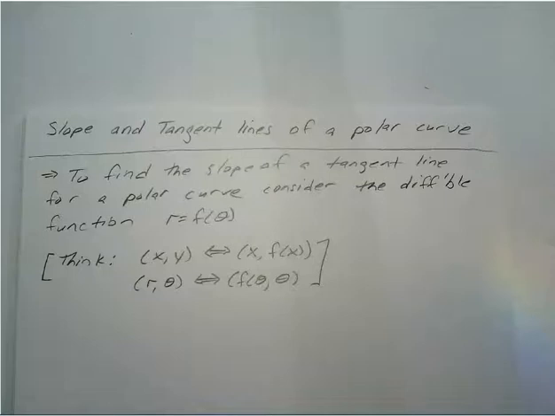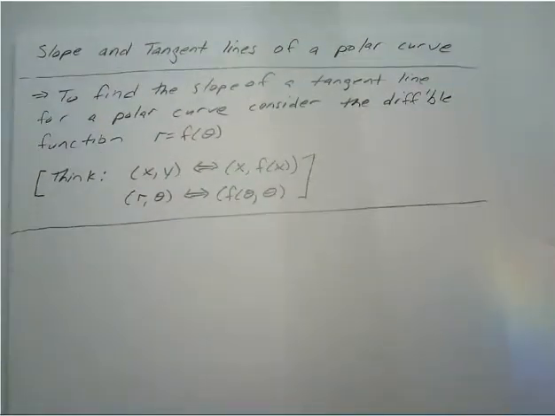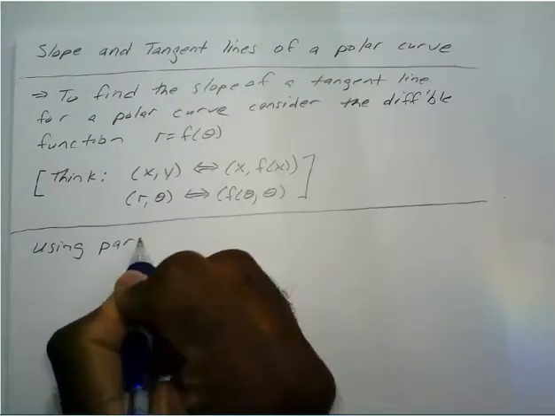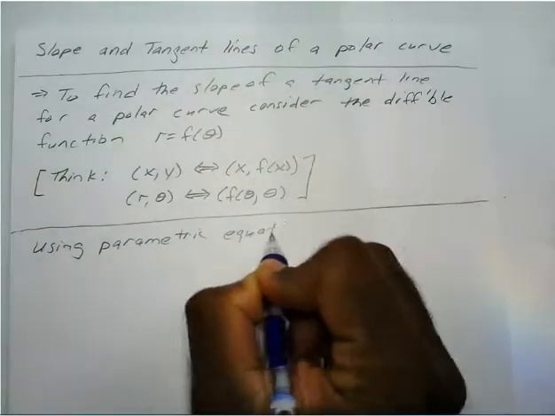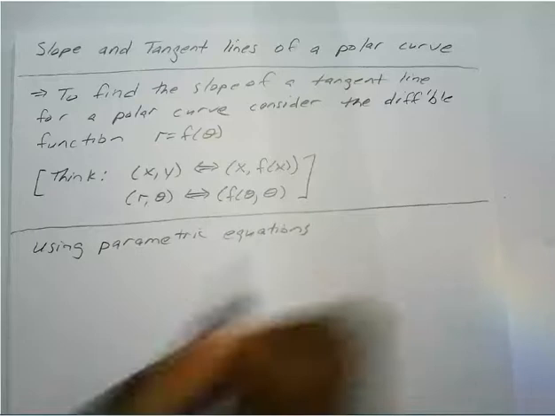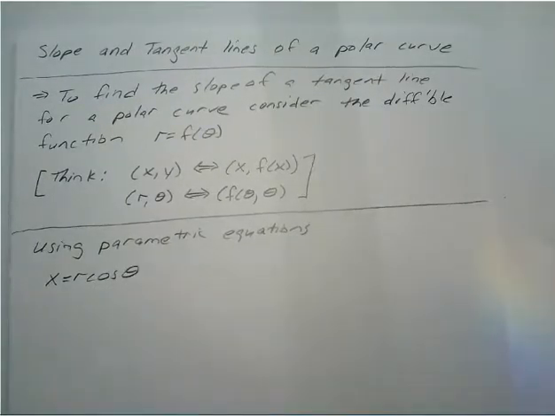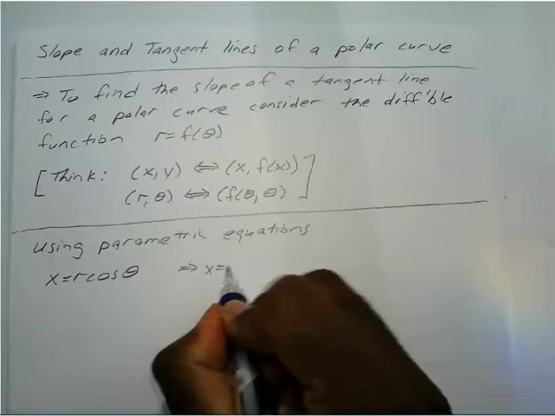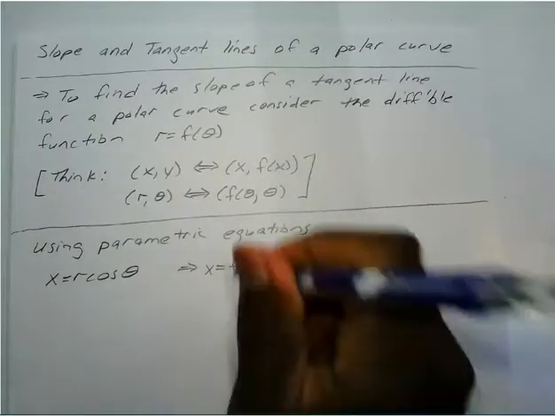Okay, so starting off, we're going to go back to our parametric equations. Using parametric equations, x is equal to r cosine of theta. Since r is equal to f of theta, you have x equals f of theta cosine of theta.